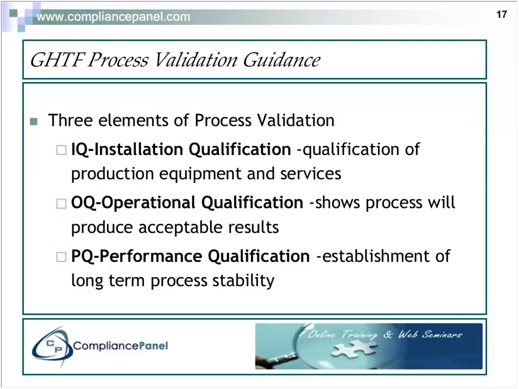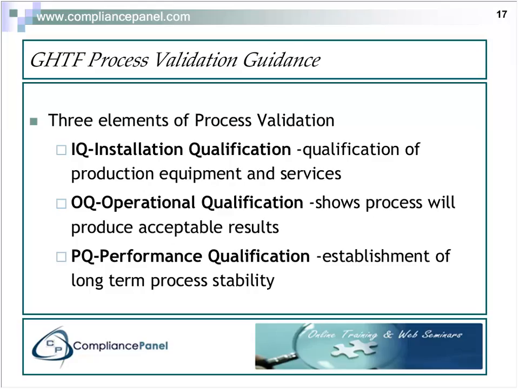What we want to do here is make sure that the equipment we're going to use has been properly installed and that we have the services attached to that machine that meet requirements, things like electricity, water, air, and other services that help that production equipment to produce the product that we need.